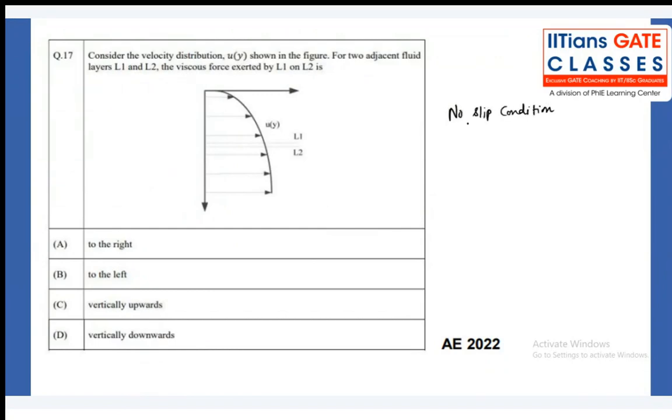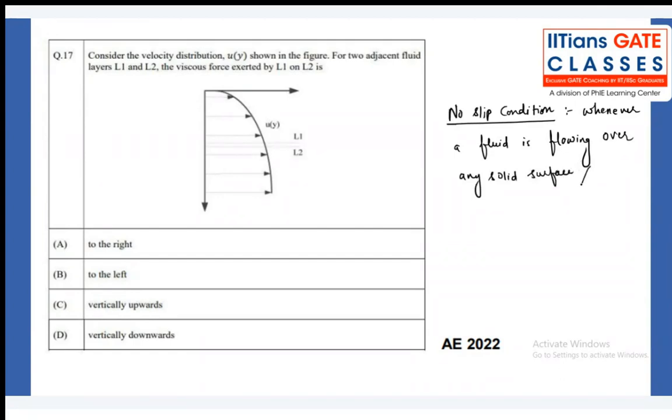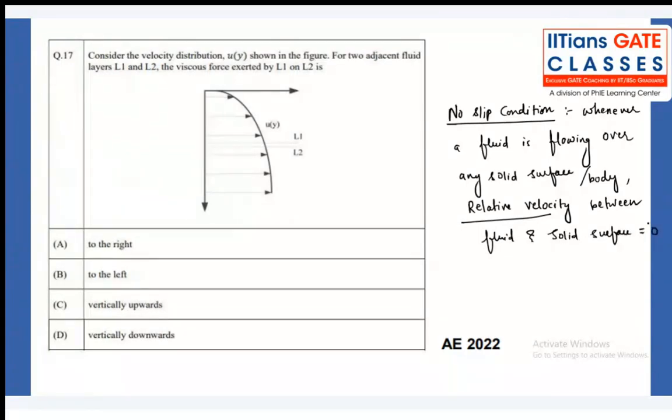No slip condition: whenever a fluid is flowing over any solid surface or body, the relative velocity between the fluid and the solid surface will be zero.